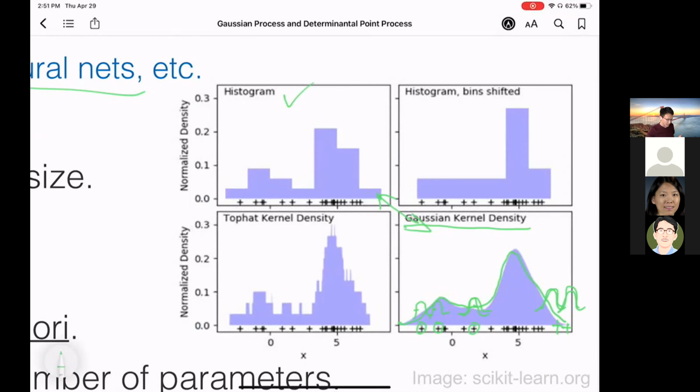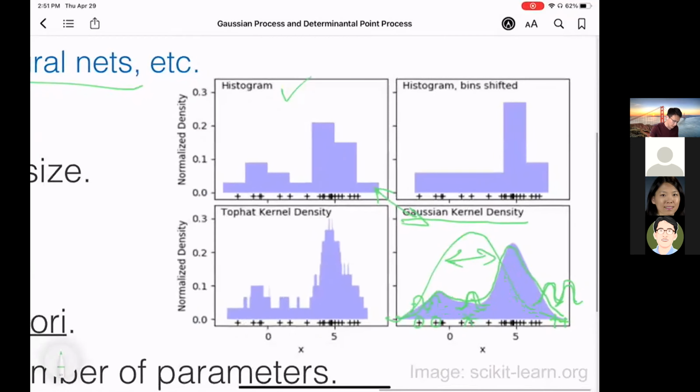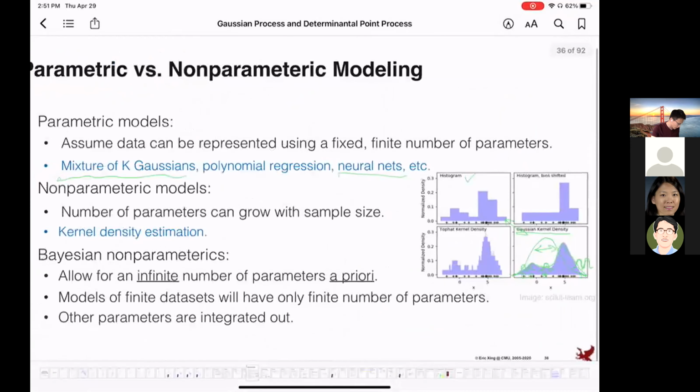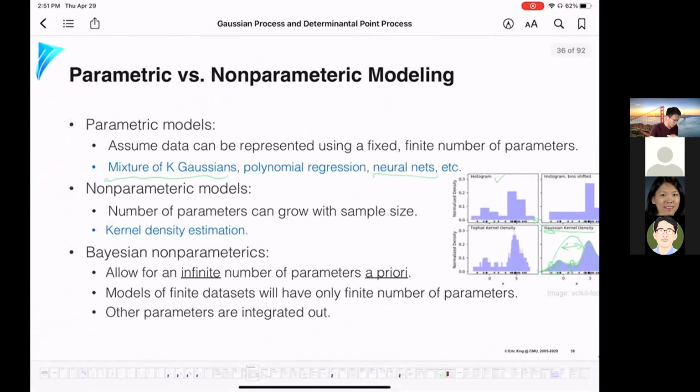So it's not a fixed number like in the parametric case. The parametric case might be, I want to fit a Gaussian to this, right? I just need the mean and the standard deviation, and that's it. No matter how many data points there are, I only estimate 2 numbers. But non-parametric is very different. So the Gaussian process is non-parametric.